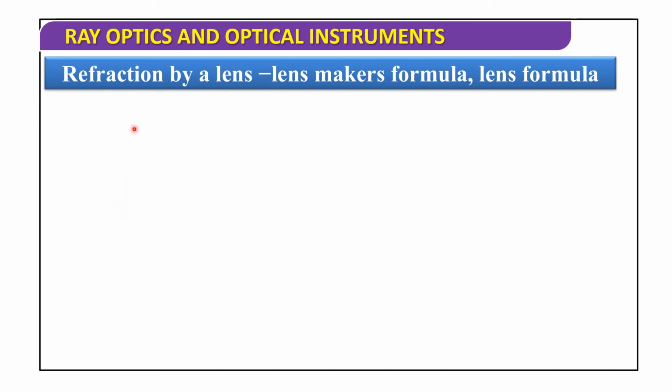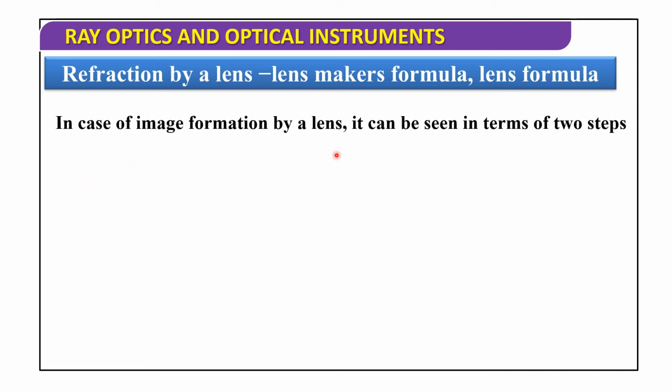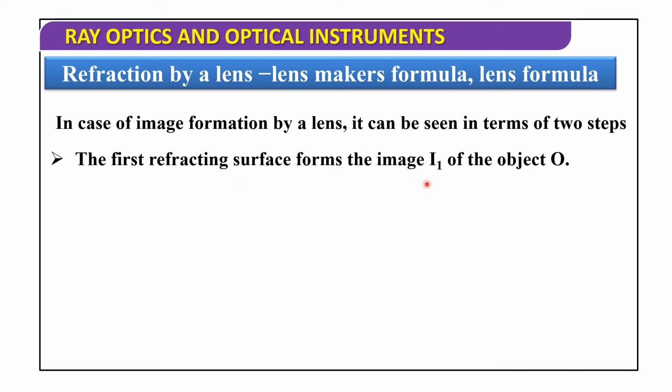Now, refraction by a lens, that is the lens maker's formula and lens formula, let us discuss. In the case of image formation by a lens, it can be seen in terms of two steps. First, the refracting surface forms the image I of the object O, that is, here the image is I1.